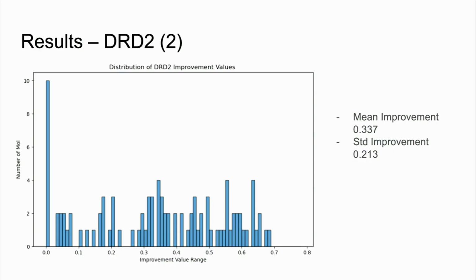We also do a graph on the whole top 100 molecules we are doing experiments on. For the mean improvement, it is about 0.3, and the standard deviation for improvement is about 0.2. So for almost all the molecules, they have an improvement on the DRD2 value.